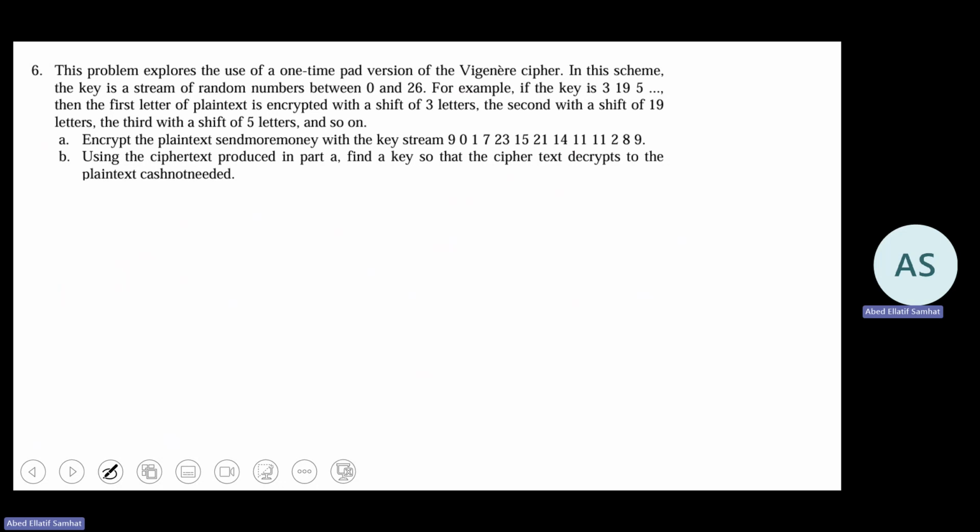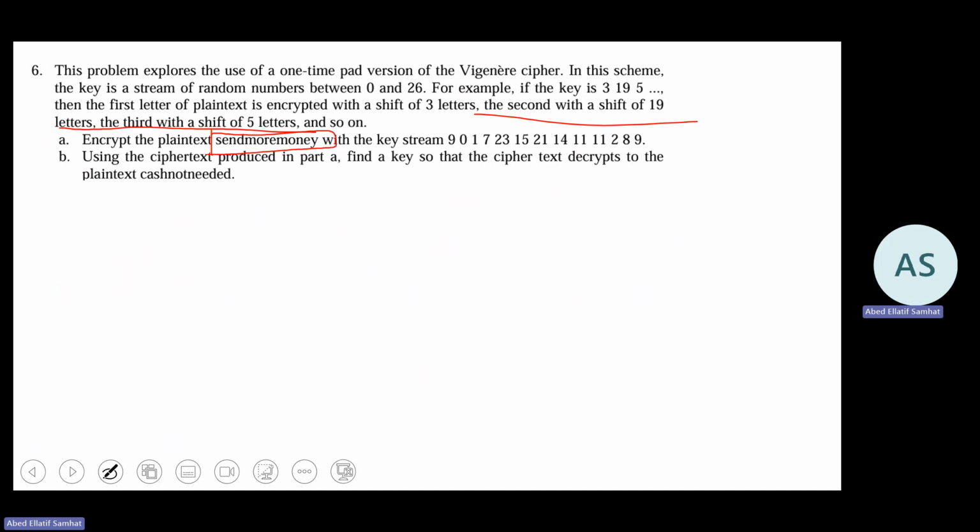So for example, if the key is 3 19 5, then the first letter of plain text is encrypted with a shift of 3 letters, the second with a shift of 19, and the third with a shift of 5, and so on. So we should encrypt the plain text send more money with the following key.